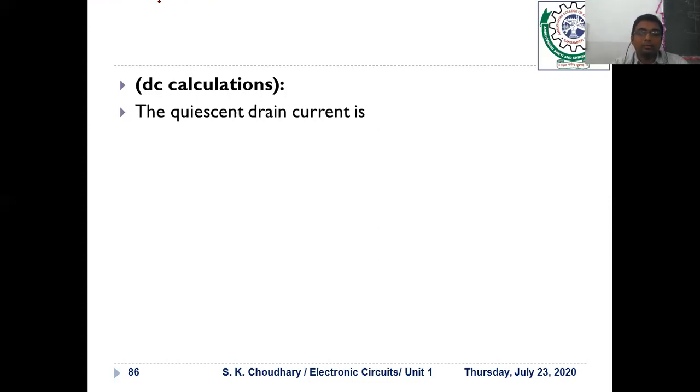What is the value? Anyone on the chat box? You can also type. See, without solving by yourself, I have already told you the formula. We have already gone through this kind of numerical. Otherwise, it is very difficult to understand the concept. One way communication is not enough to learn this subject.